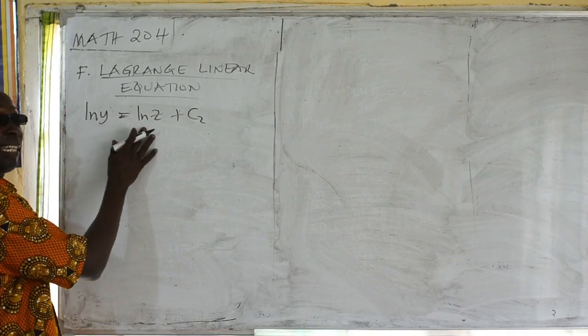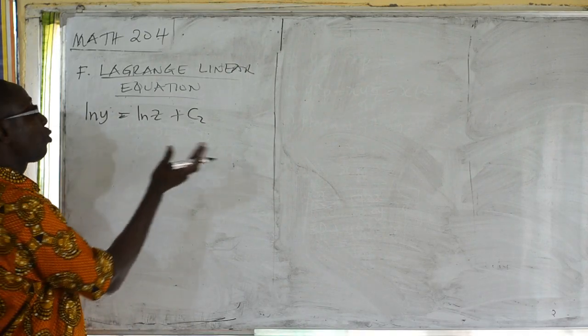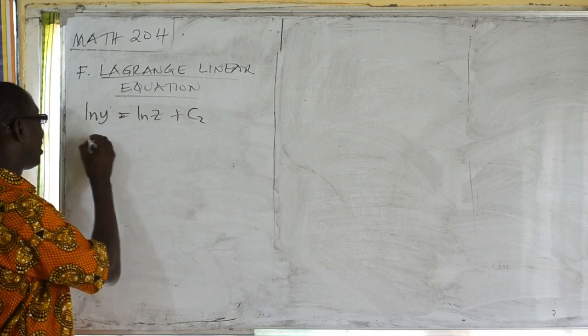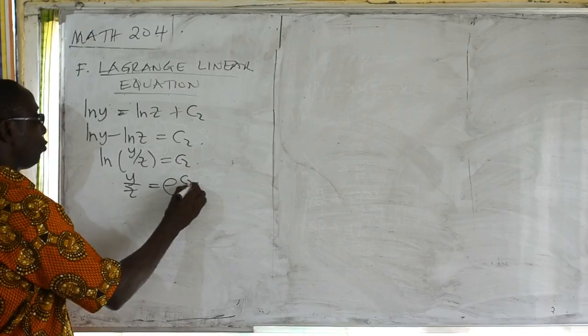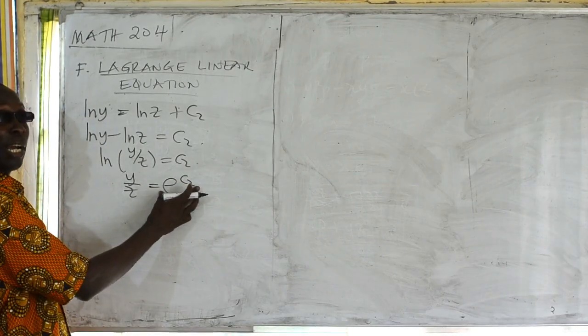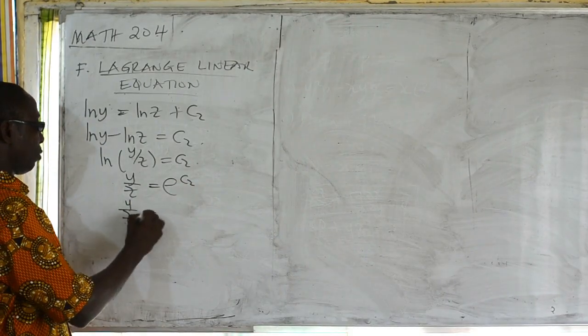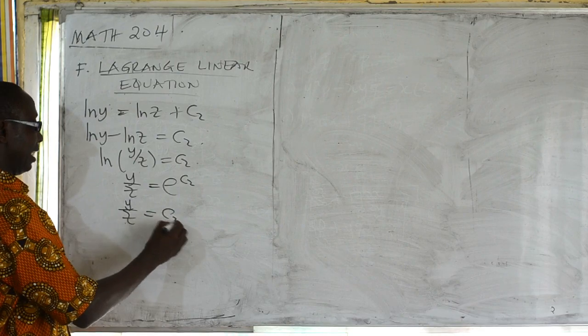I want to simplify this. We make sure that always we put all the variables on one side and the constant on the other side. So we have ln of y minus ln z is equal to c2. This can be represented by a smaller constant. So y over z is equal to, let's say, c3.